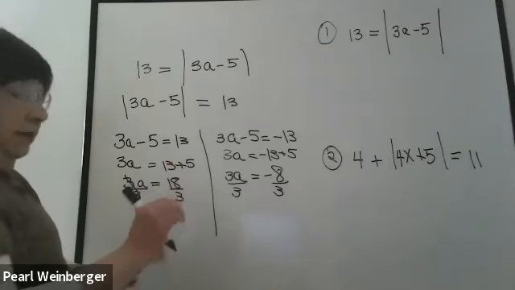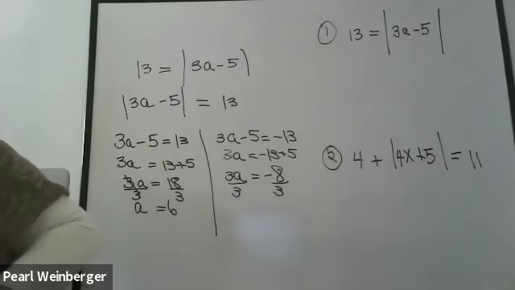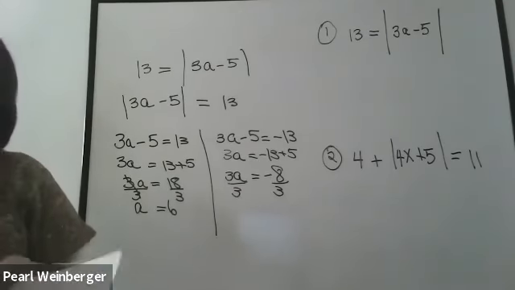So 3a over 3 and negative 8 over 3, which I can't simplify. So the answer I was left with was negative 8 over 3. Perfect.